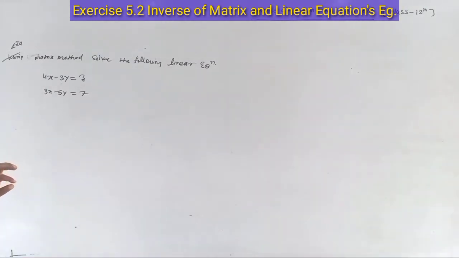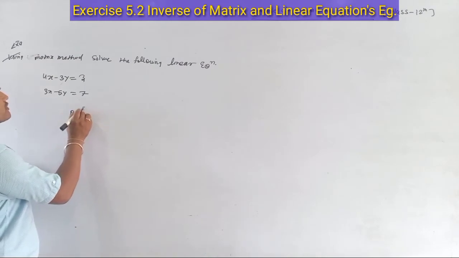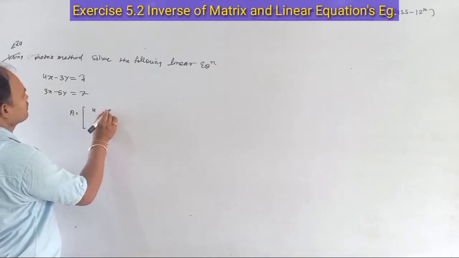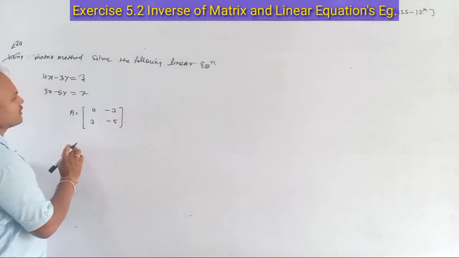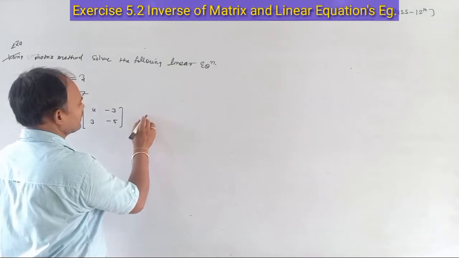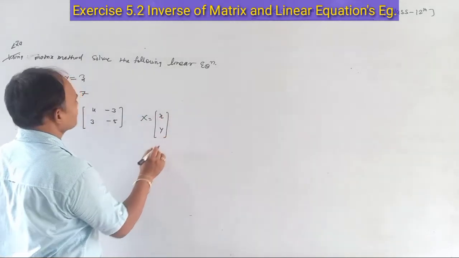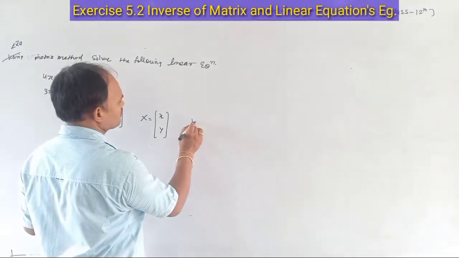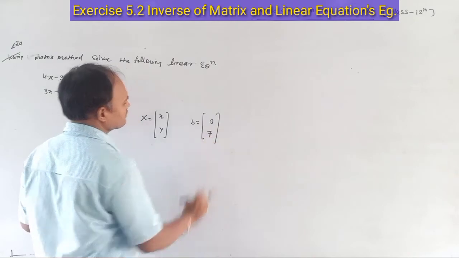Okay, so what about here? A is 4, minus 3 and 3, minus 5, x is x and y, and b is 3 and 7. Okay students, is this clear?